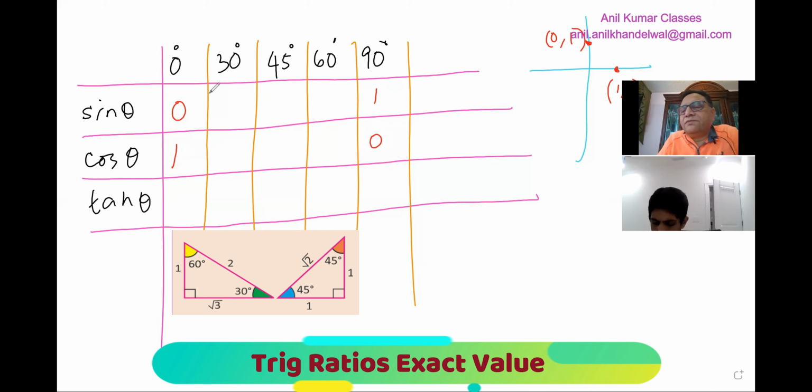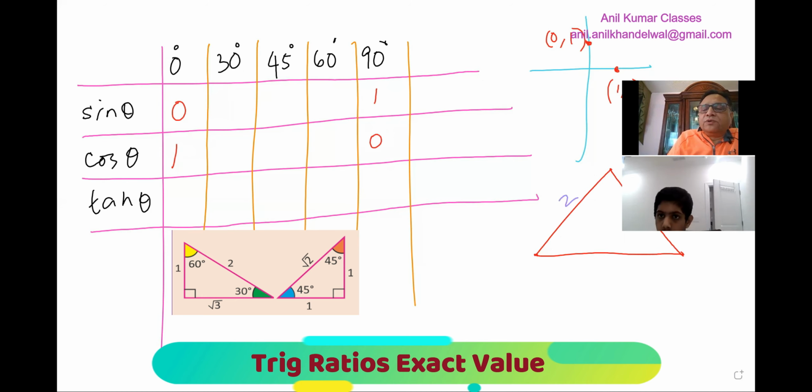To get 30, 45, and 60, I will make right angle triangles. So we just looked into one equilateral triangle. In an equilateral triangle, if each side is 2 units, in that case, if I drop a perpendicular, it is going to bisect and each side will be 1 unit, correct?